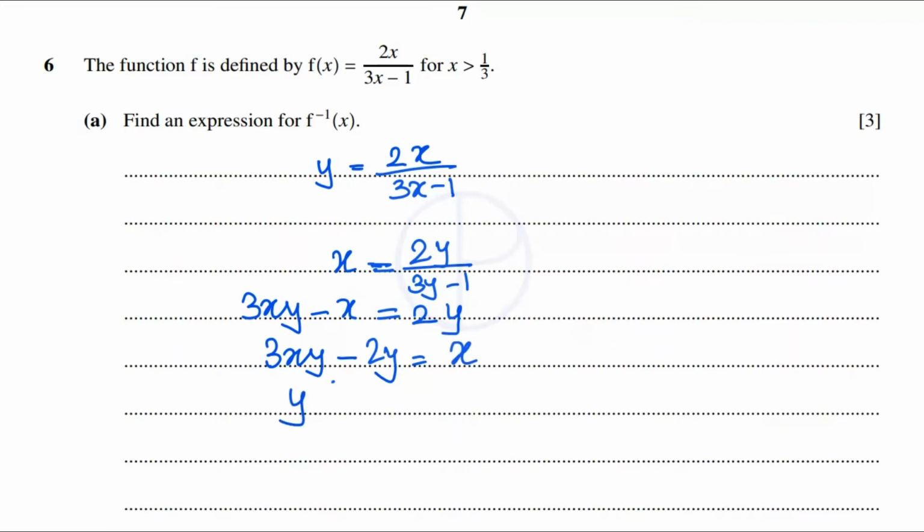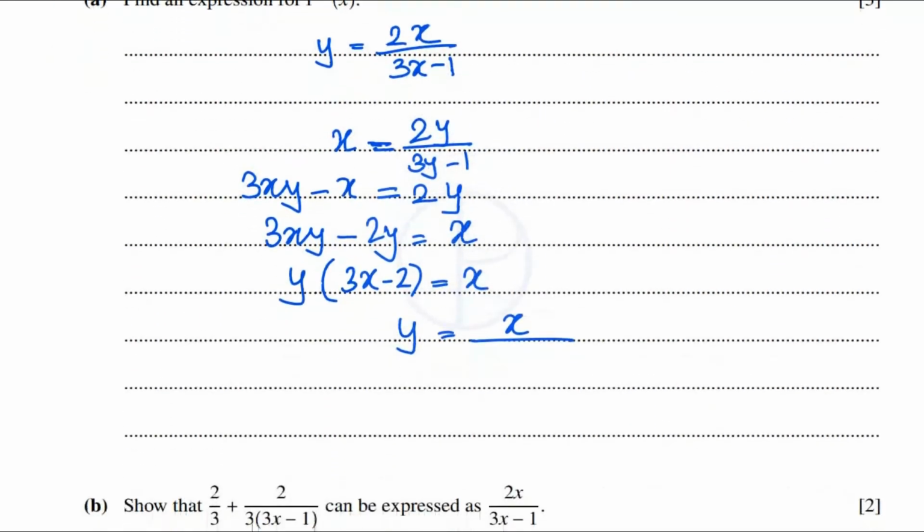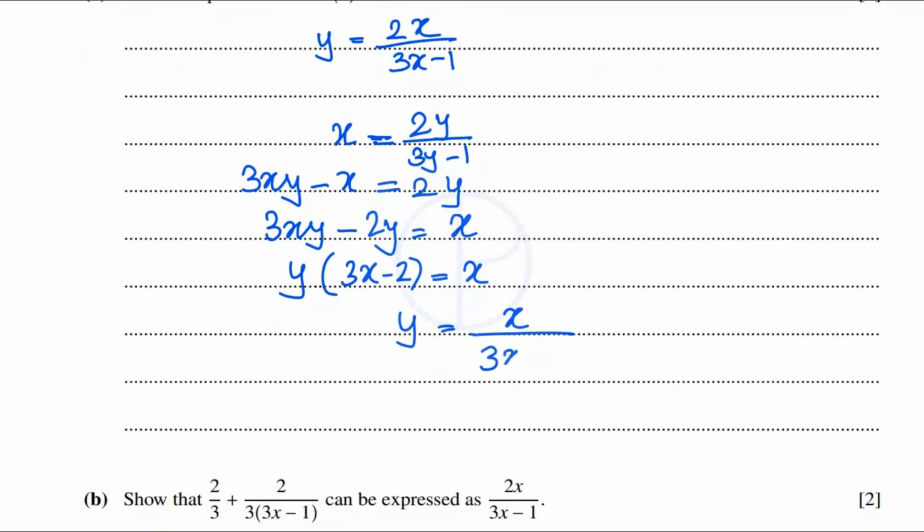Now take y common, 3x minus 2 equal to x. So what is y? y is equal to x divided by 3x minus 2. This is our f inverse of x: x divided by 3x minus 2.